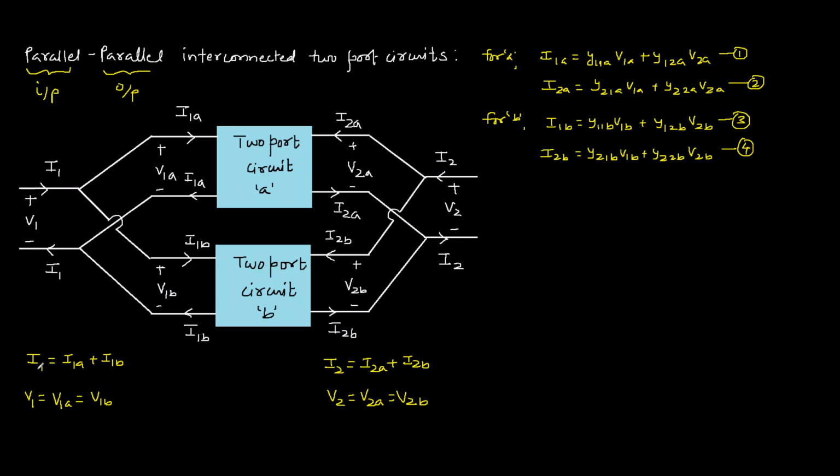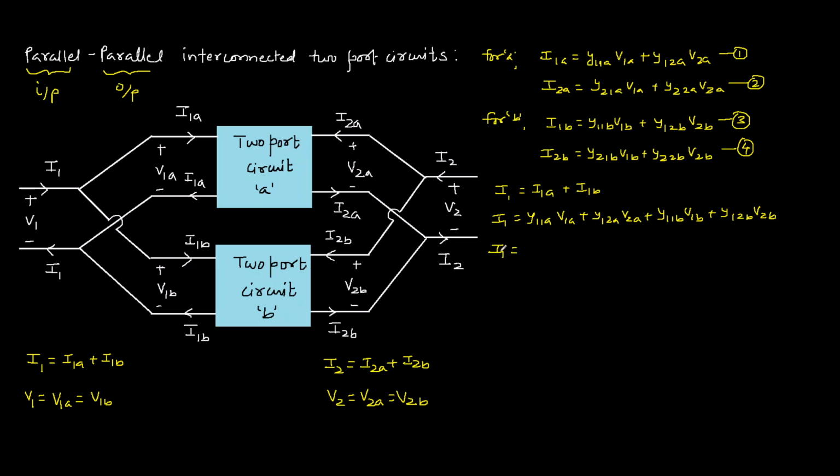Now we can see that at port 1, the current I1 is I1A plus I1B. So now we can replace I1A and I1B from equations 1 and 3 into this equation. So we have Y11A V1A plus Y12A V2A, and Y11B V1B plus Y12B V2B.